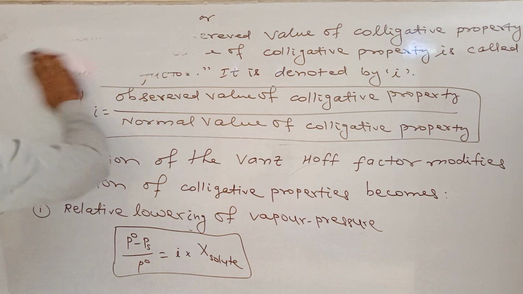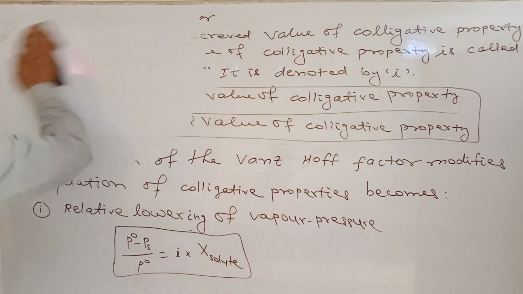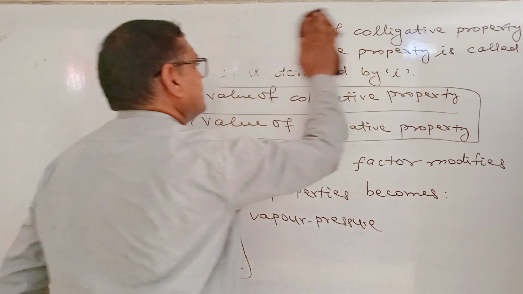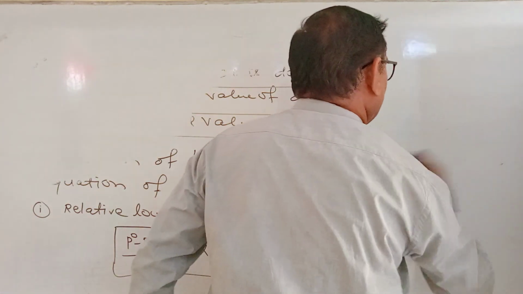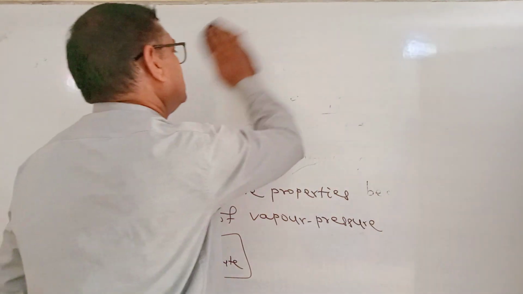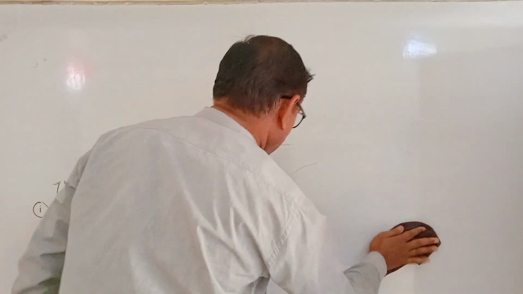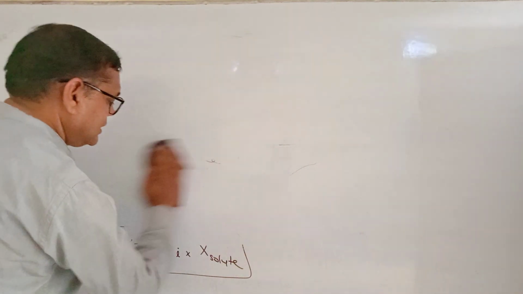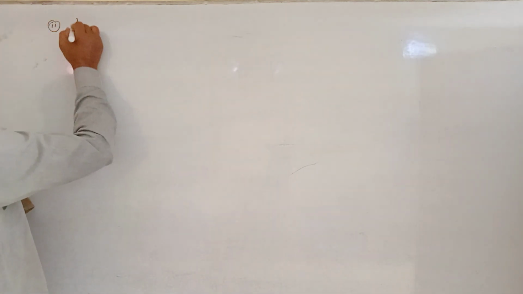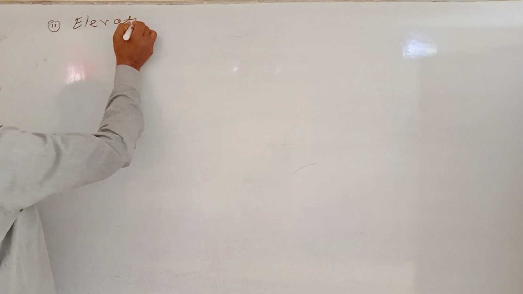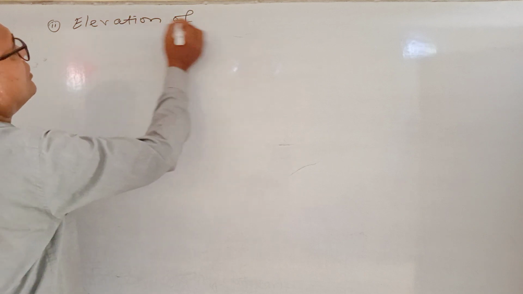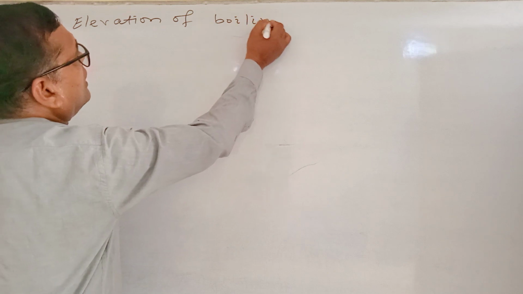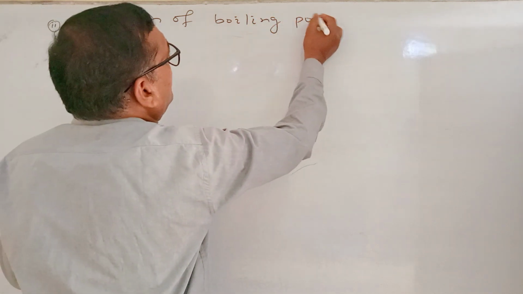Now we write the second formula of colligative property, which indicates elevation of boiling point. Here we write point 2: elevation of boiling point.